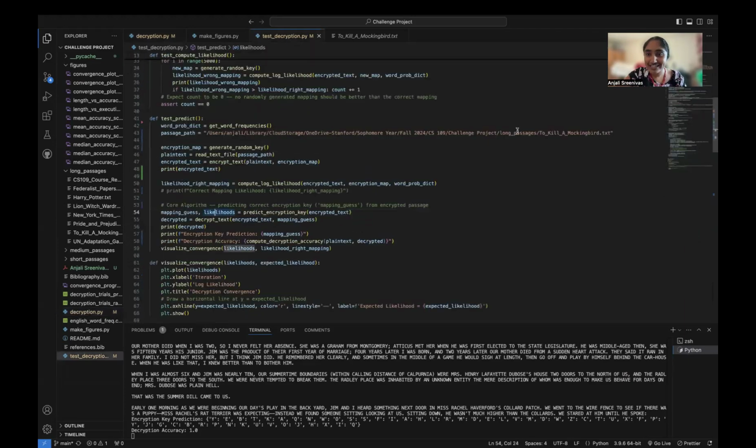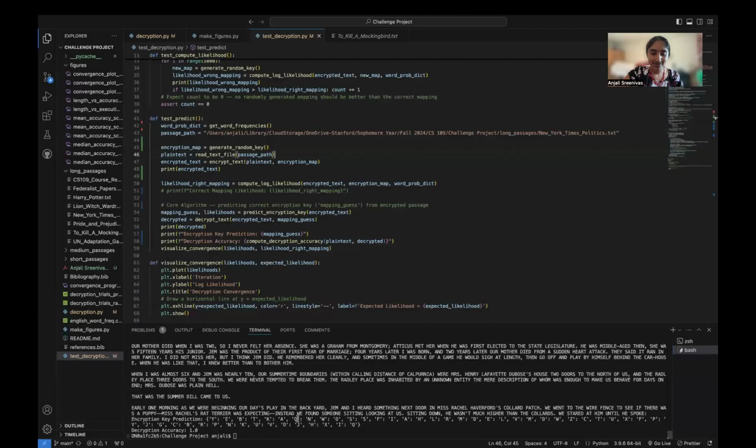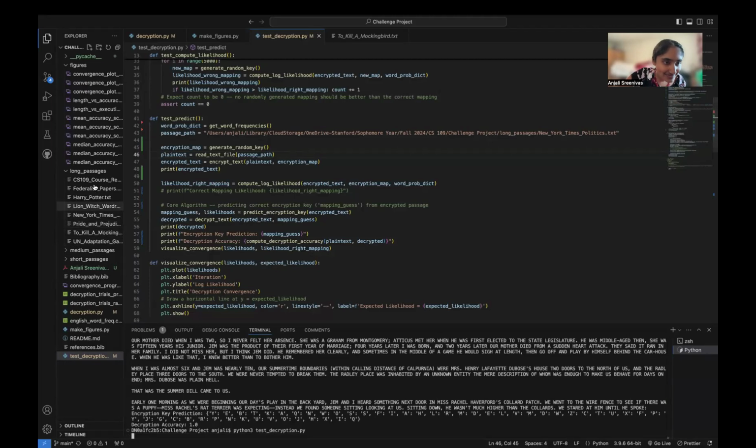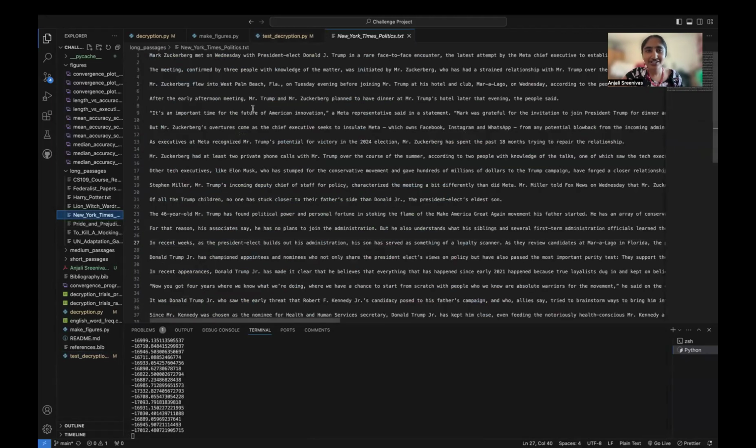Maybe one more example I can show you is when the algorithm doesn't do so well. I found that for New York Times politics, that's one example where the algorithm struggles a bit. As we run it, I will show you why I think that is. I noticed that in cases where the algorithm struggles, there are a lot of proper nouns here: Mark Zuckerberg, Donald Trump, Palm Beach, it goes on and on.